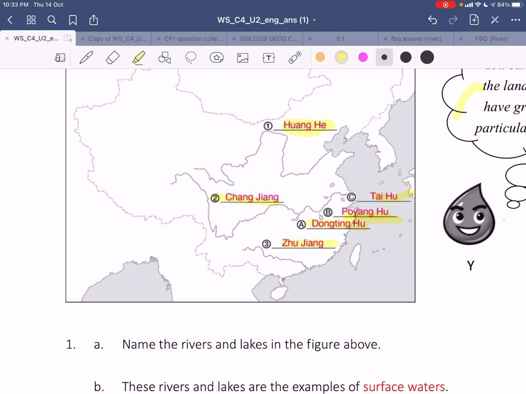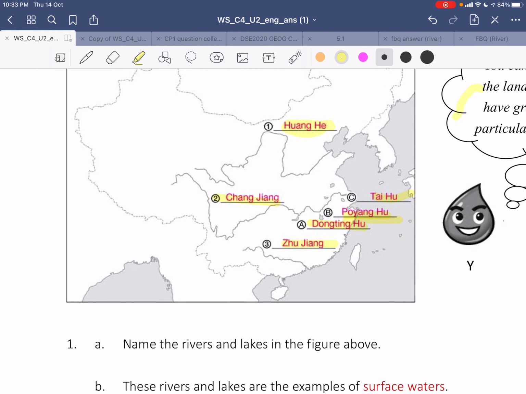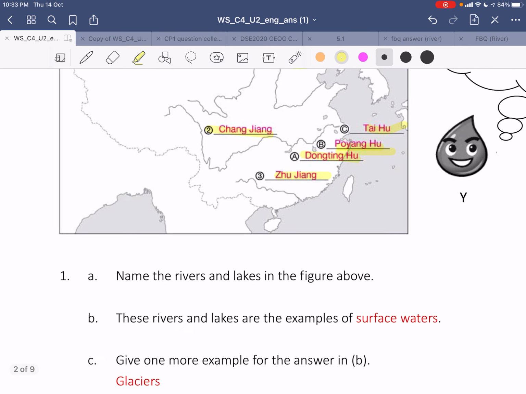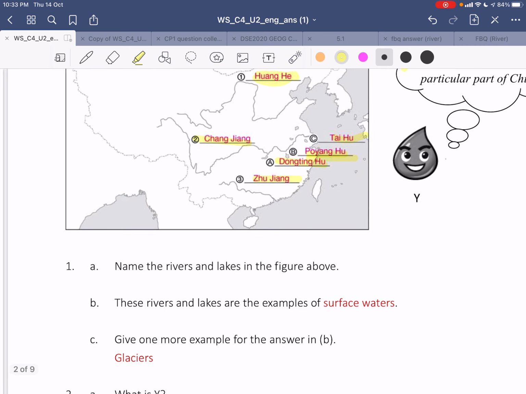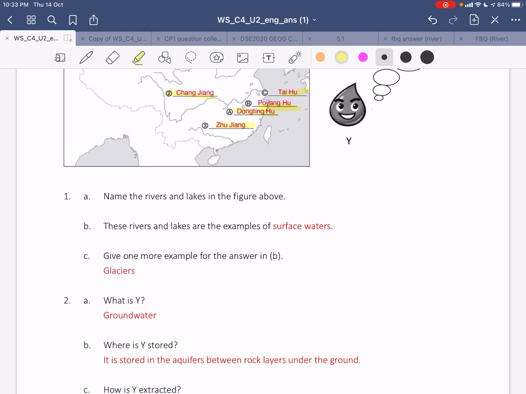So once you encounter a lake, you had better link it with Changjiang. Along with glaciers, most of these are surface water. A glacier is ice which also moves like a river, but at a very slow speed.